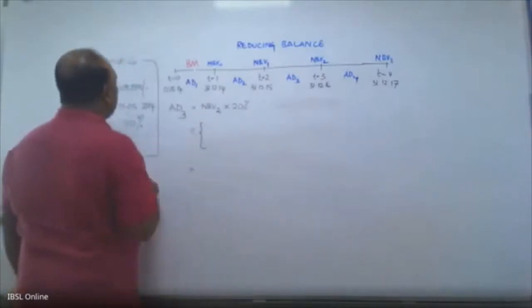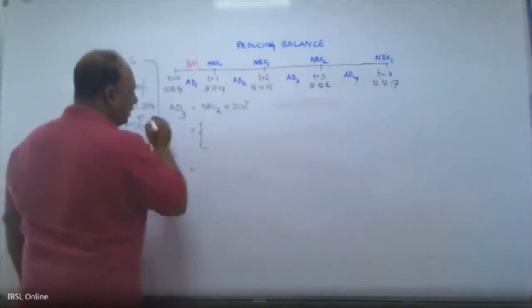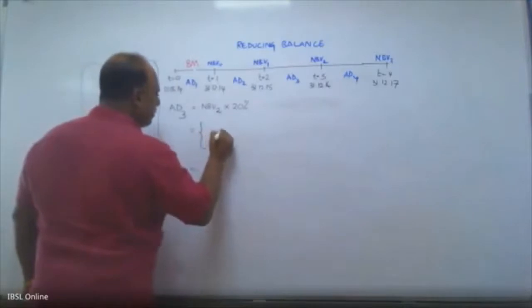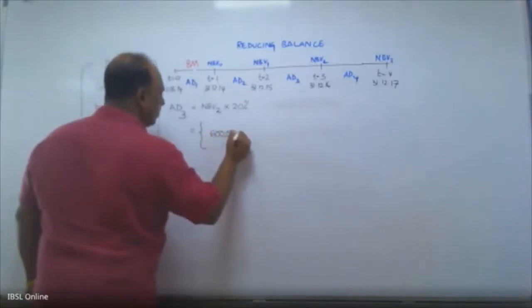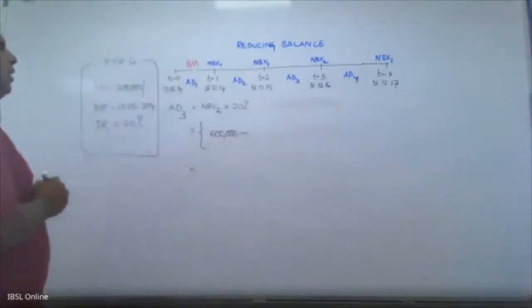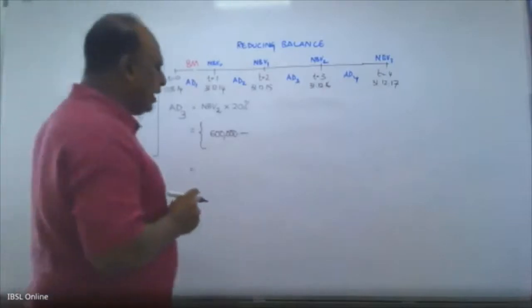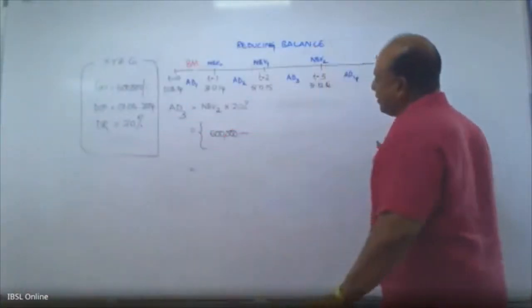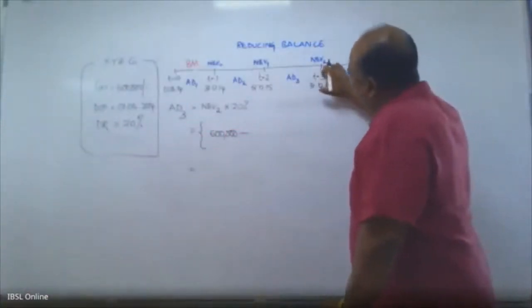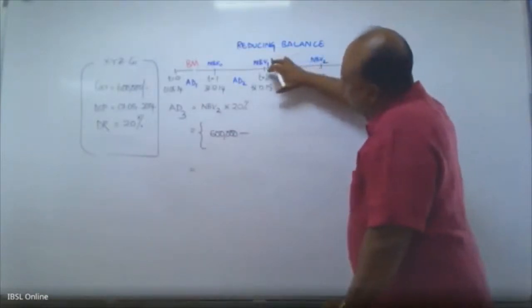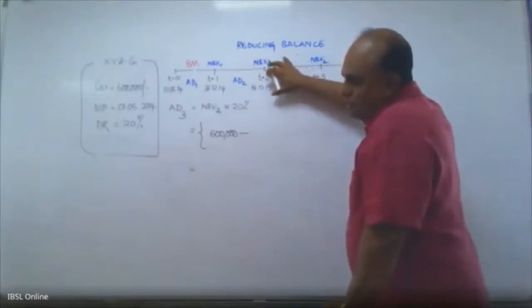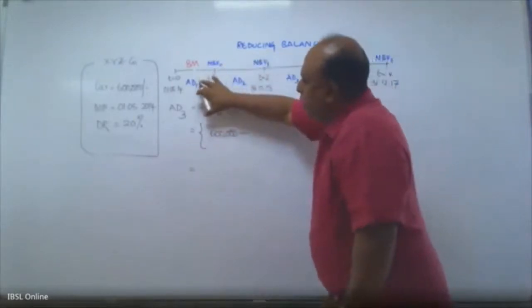Net book value 2 is 600,000, your cost, minus what is your accumulated depreciation that you will use at this point. It will be whatever the depreciation that you have provided up to this. That is AD1 plus AD2.